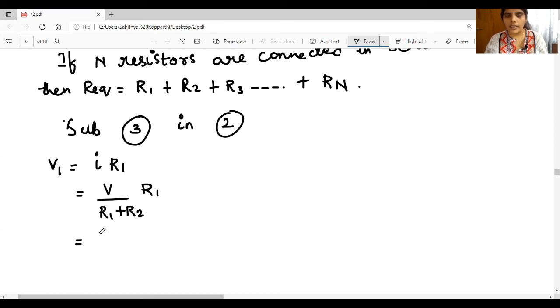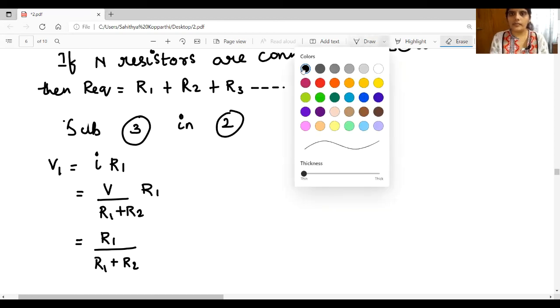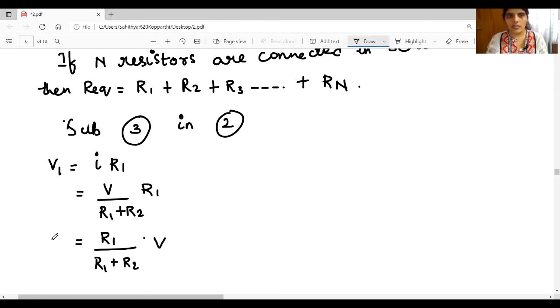So I can write it as R1 divided by R1 plus R2, into the total voltage V. This is V1. That means if the resistance is high, then more voltage will be dropped across that resistor.